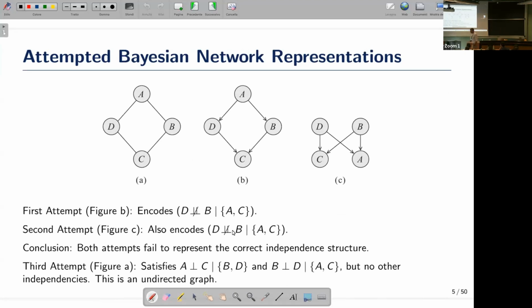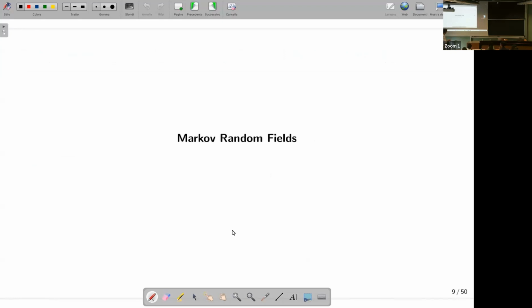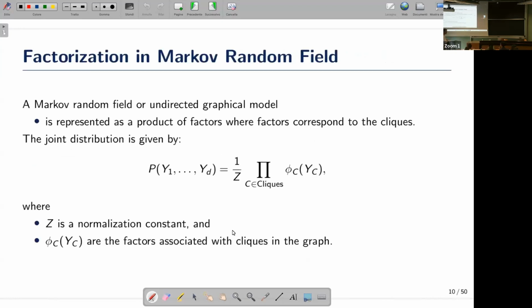Maximum cliques? 2, because you can imagine a link, and you have A, D, B, and D, B, C. So when you create the factor it should contain one, phi of A, B, D. So it's 3, and then you need to have all these combinations, and the other one is D, B, C. So in your product, it's going to be phi C1, which contains A, B, D, and phi C2, which will contain D, B, C.